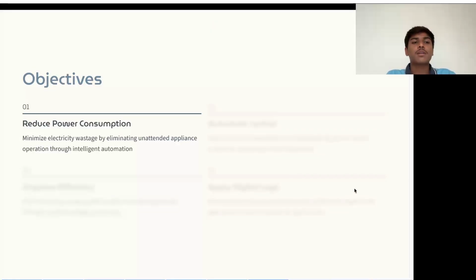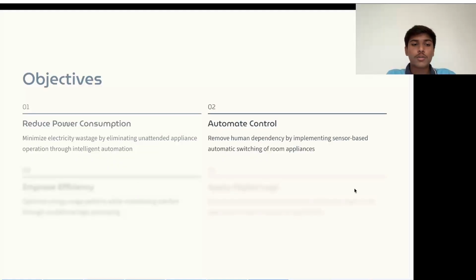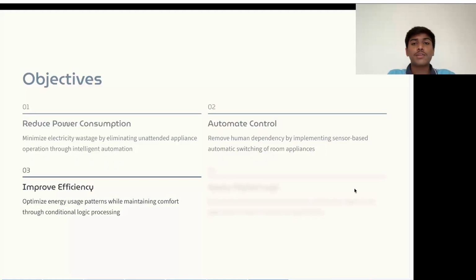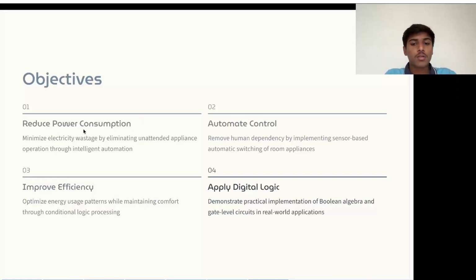Objectives: reduce power consumption, automated control, improve efficiency, and apply digital logic. Reduce power consumption: minimize electricity wastage by eliminating unattended appliance operation through intelligent automation.